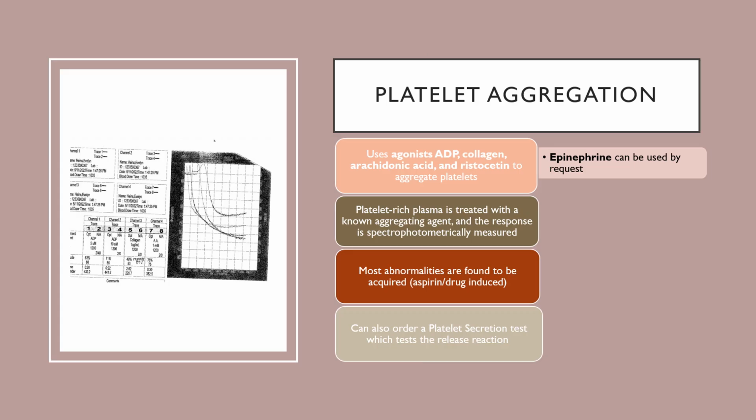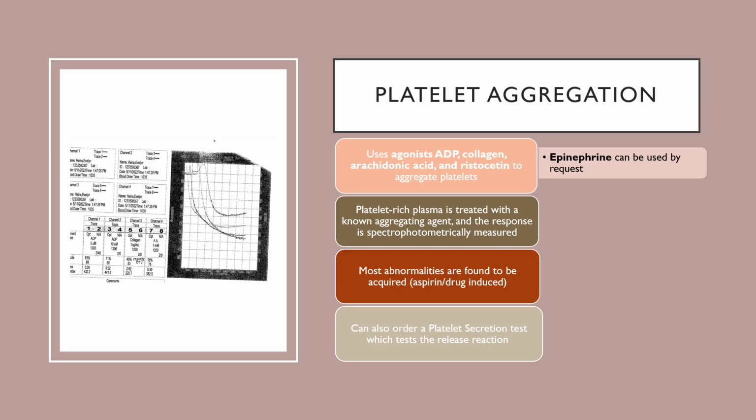And then last but not least, if we perform a PFA and it comes back as abnormal aggregation or platelet function, we would then go on, at the physician's request, to perform a platelet aggregation. Now, I really think platelet aggregations are so neat to perform. They're very time consuming, so everyone kind of dreads when they come in because they can take up your whole day.